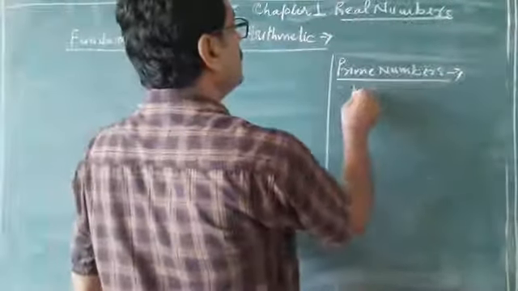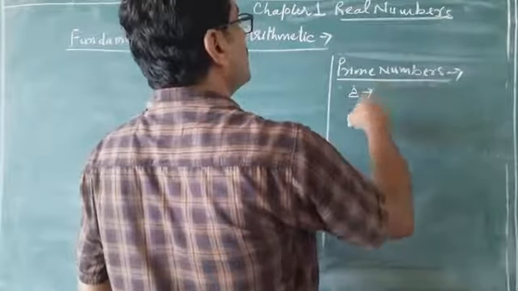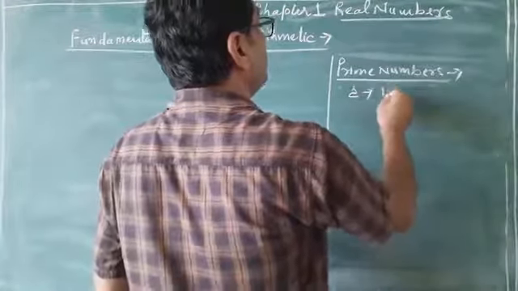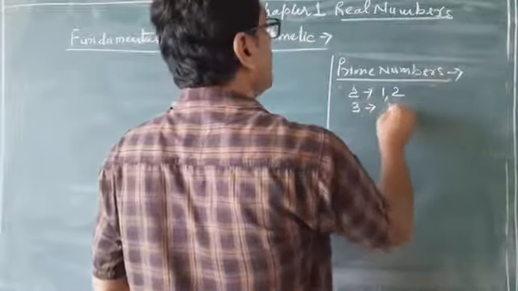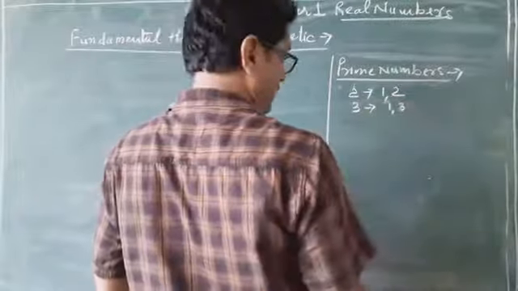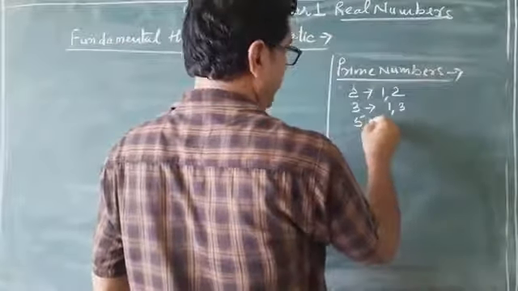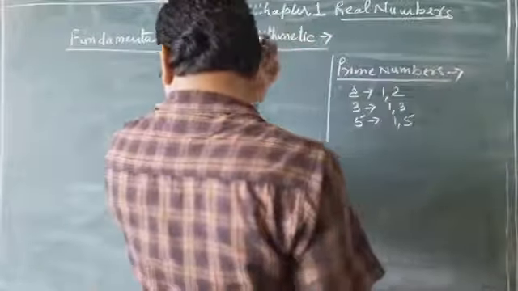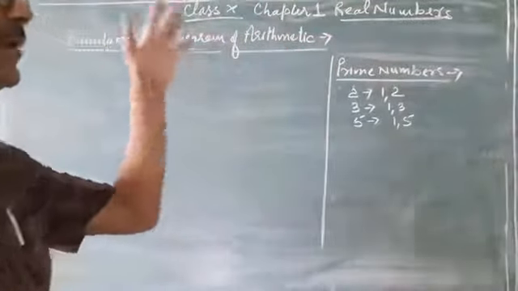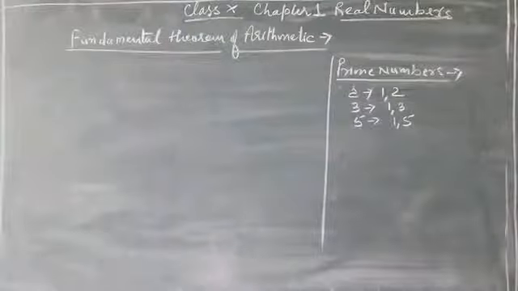As 2 is divisible by 1 and 2 only, 3 is divisible by 1 and 3 only, and 5 by 1 and 5 only. So these are the prime numbers.